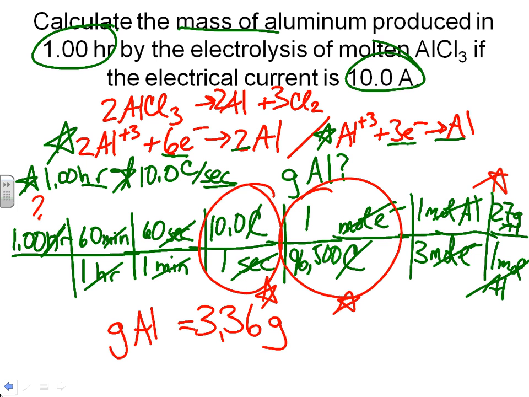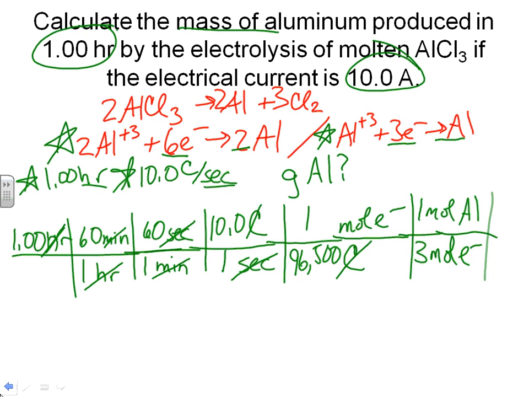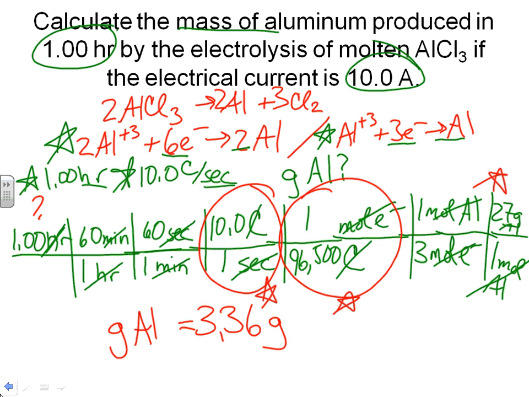The problem will probably give you amperage, and amps are coulombs per second. So if you have coulombs and you have amps, you can figure out time. If I give you the coulombs, you can tell me the time based on that relationship. And that is what a few of the homework problems are like, going in the opposite direction. But the key crucial unit conversion points are still the same.